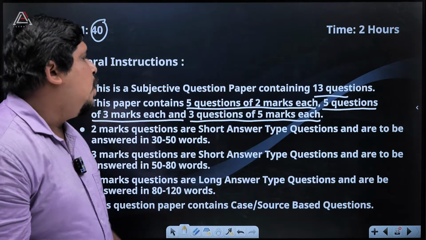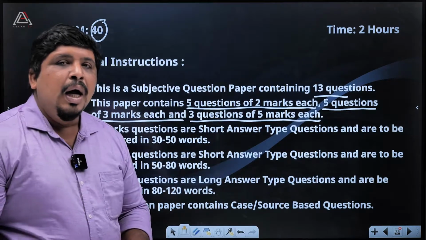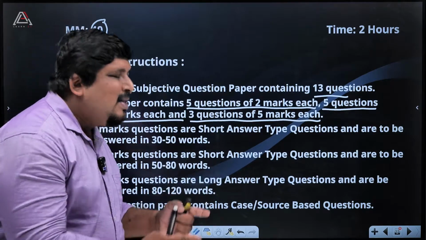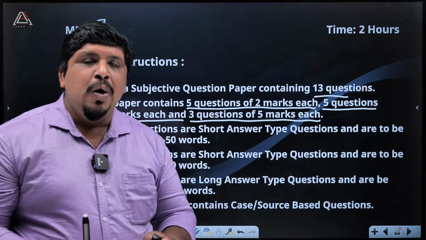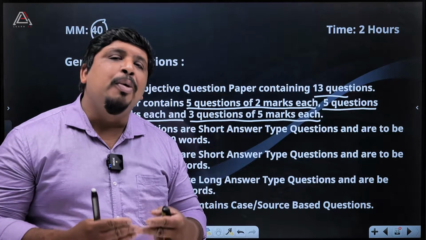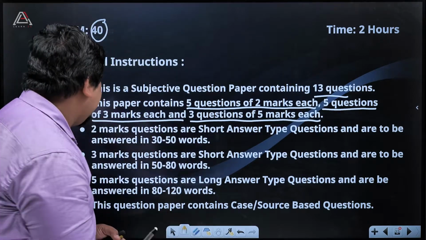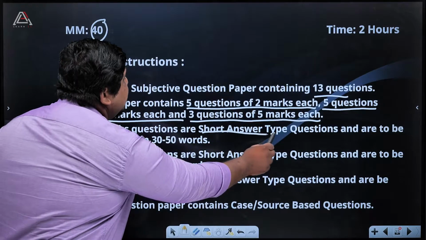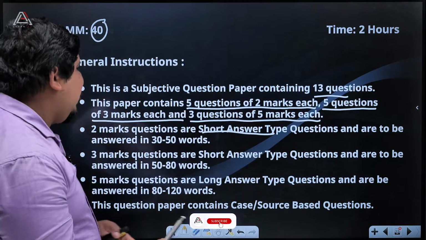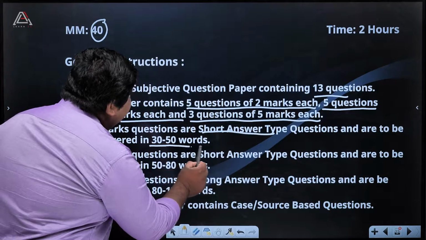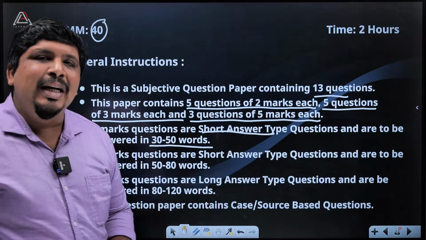Then 2 hours. Then how many words for each section? This is a CBSE question paper, so you need not write the entire thing. You have to write point by point. That's why 2 marks questions are very short answer type questions, only 30 to 50 words.